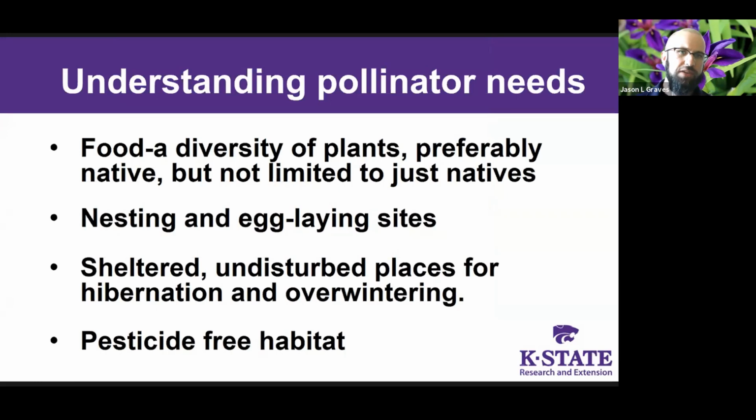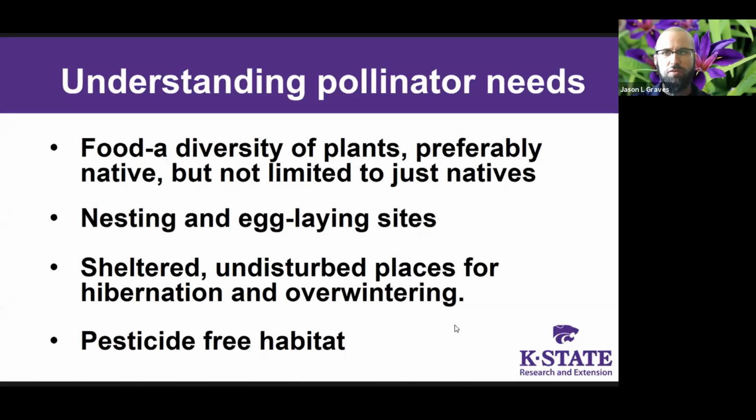The amount of life any ecosystem can support is determined by the diversity of plants that are growing in it. Plants are the foundation. So we need a lot of diversity of plants for our pollinators, preferably native, but it's not limited to just native plants. We need nesting and egg-laying sites, sheltered, undisturbed places for hibernating and overwintering.